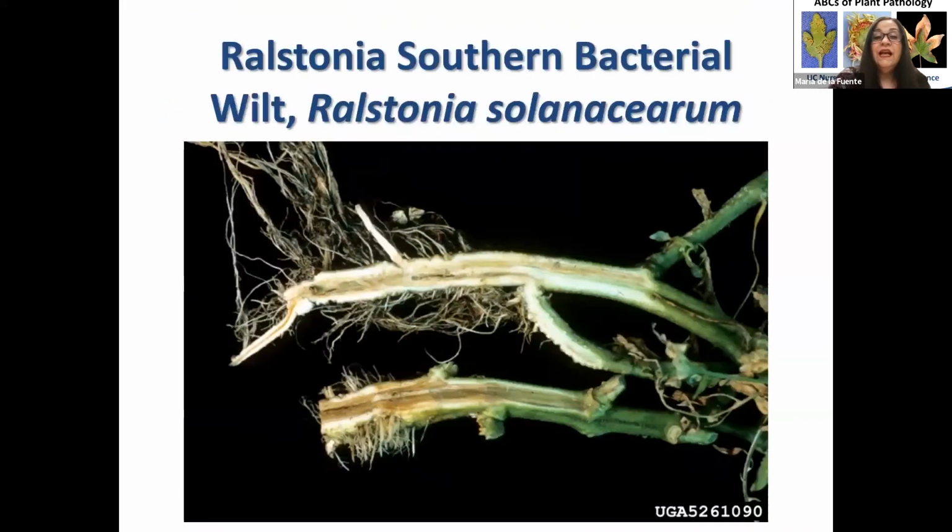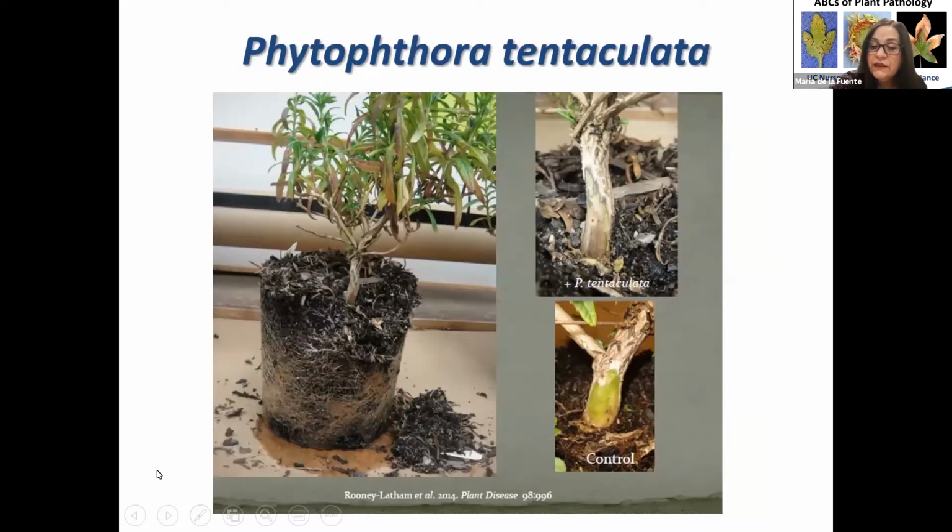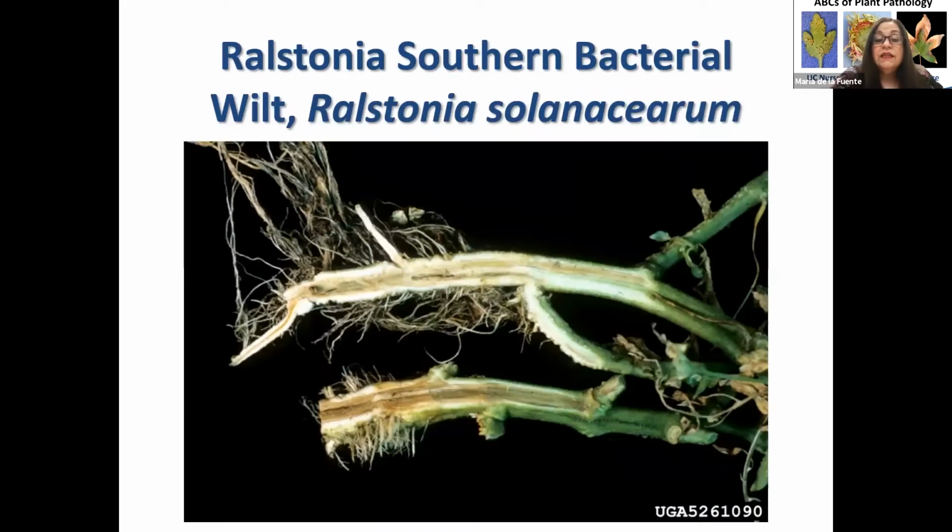These two that we just discussed are already here. The ones that are not here, such as Ralstonia and the downy mildews, pay extra attention. It attacks mostly Solanaceae.